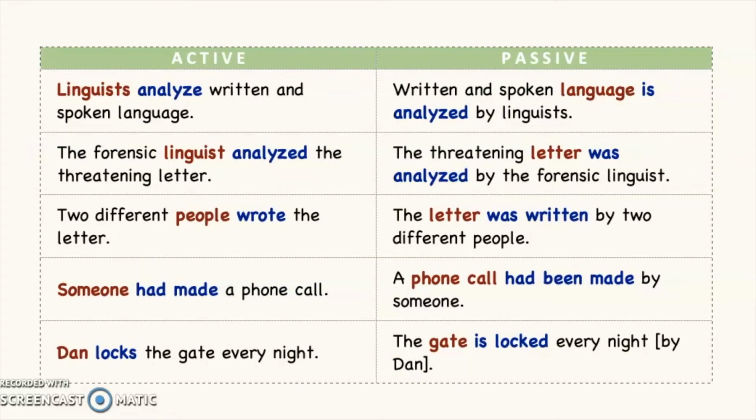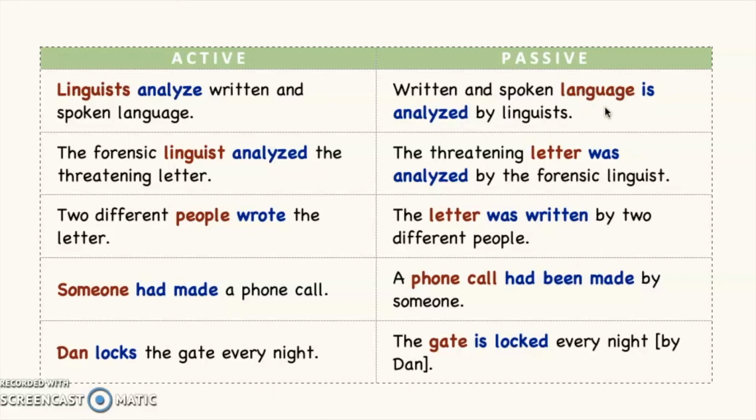Here are examples of sentences in both the active and the passive voice. Look at the first one here. It says, linguists analyze written and spoken language. So the linguists are the subject, and they are the ones that actually do the analyzing. That's why this is active. Over here, written in the passive voice, it says written and spoken language is analyzed by linguists.